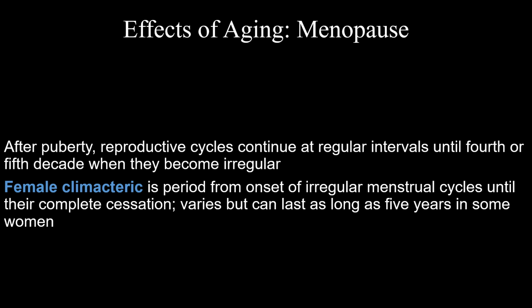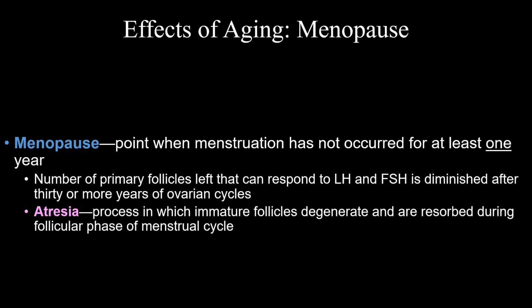And it takes place because the number of primary follicles left that are able to respond to follicle stimulating hormone and luteinizing hormone is too low. And this is especially true because after approximately 30 years of ovarian cycles, and also because of the atresia process in which immature follicles degenerate, these follicles that remain in the ovaries become less responsive, and so less estrogen and less progesterone are secreted.